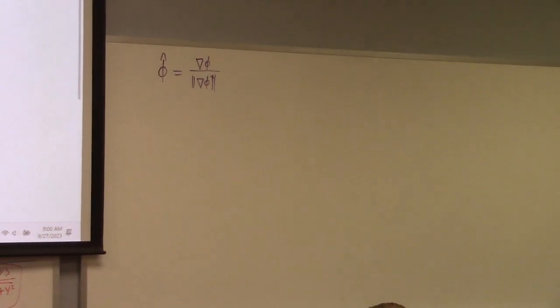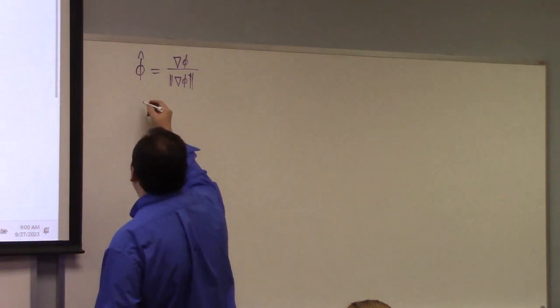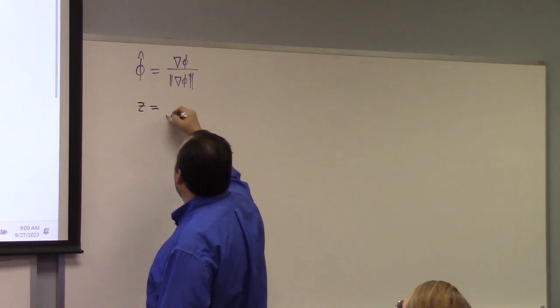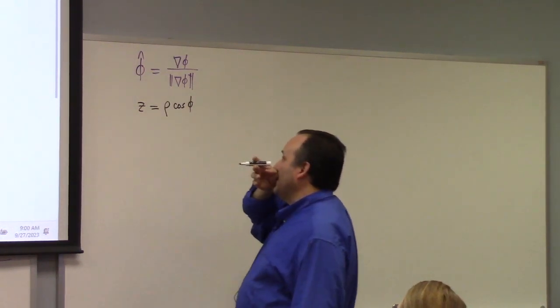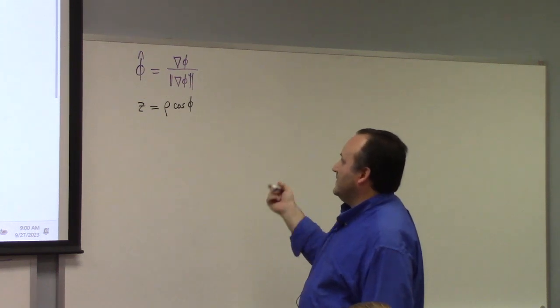So instead, what we'll do is we have this wonderful formula. The wonderful formula is z is equal to rho cosine phi, right? And you know what we'll do? We'll differentiate that.